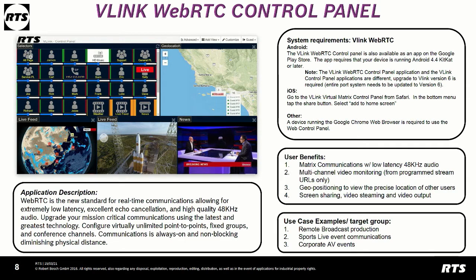It also has icons for the individual selectors. You can see things like party lines, where it shows a group of people, point to points, which is a single person icon, and SIP lines for dialing in or accepting incoming phone calls, shown with a phone icon. So very easy to follow user interface, with a lot of different features involved.